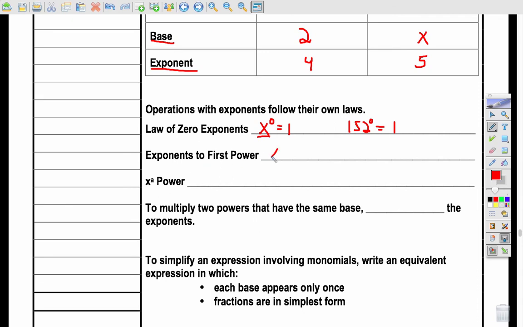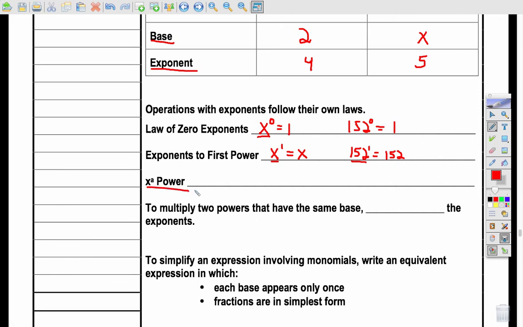Okay, exponents to the first power, again, same thing. Any number raised to the first power is going to equal that base number. So in this case, the base was x, so it's just x. So over here, 152 raised to the first power, that's going to equal 152. It's just that same number that is the base.